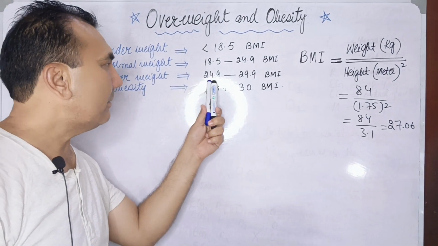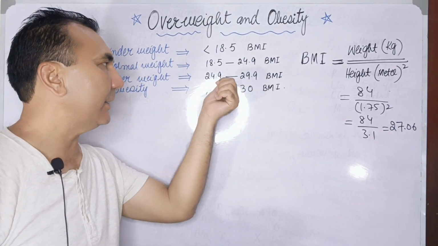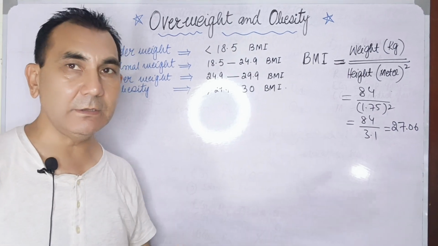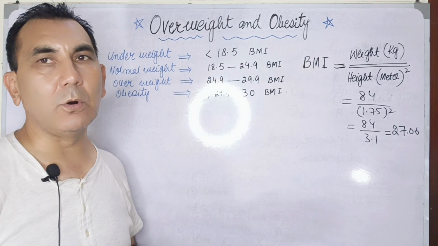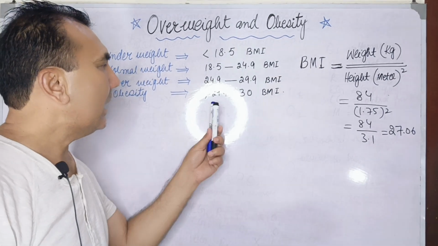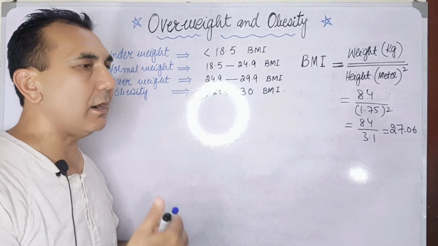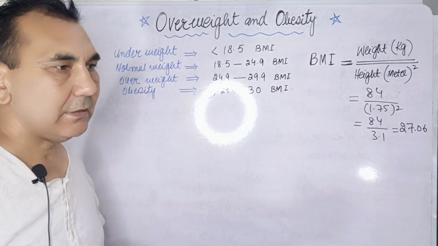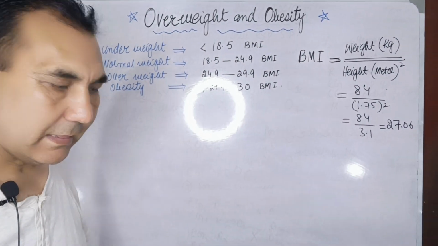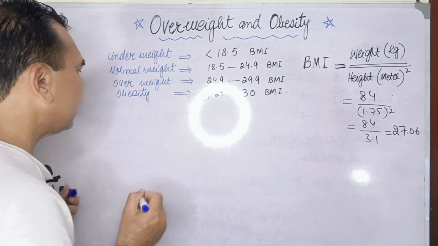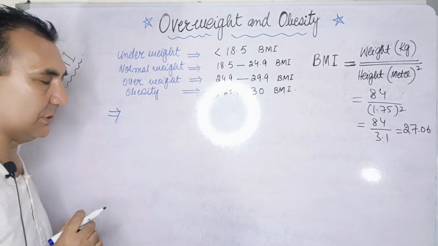If the BMI after calculation is from 25 to 29.9, that person falls in the overweight category. If the BMI is 30 or more, that person falls in the obese category.